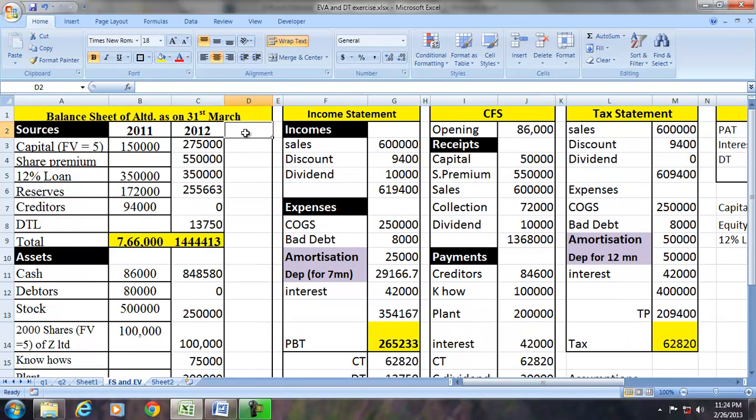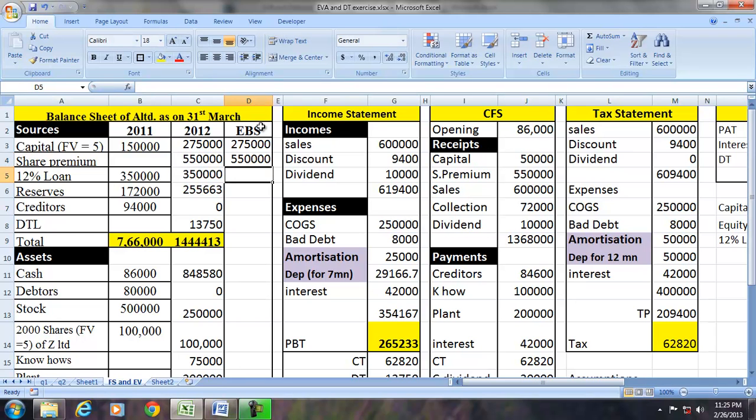When DTL is not recognized, we have to prepare an economic balance sheet. The economic balance sheet is required to determine the EVA, and this is not a GAAP requirement. So the economic balance sheet will show most of the items that are there in the accounting balance sheet except those accounting adjustments which are not recognized.